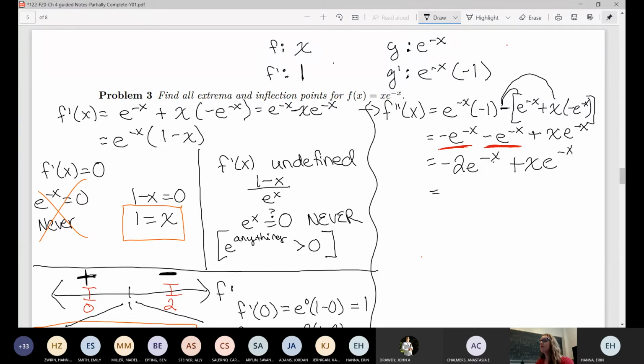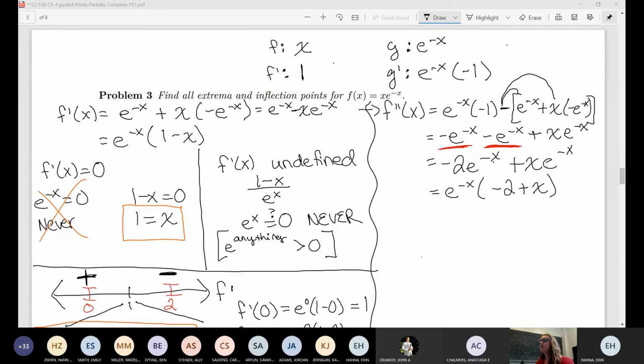And just like last time, they both have an e to the negative x in them, so I can take it out. Okay. We've found the second derivative.